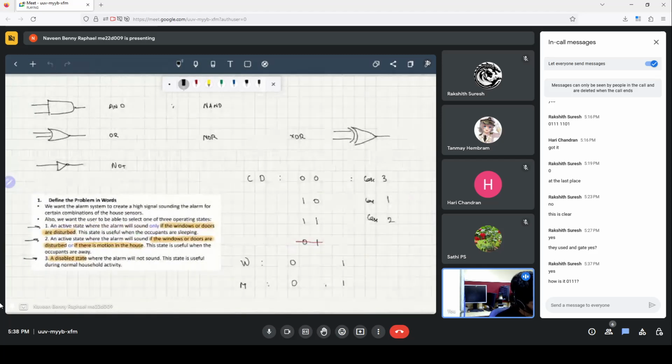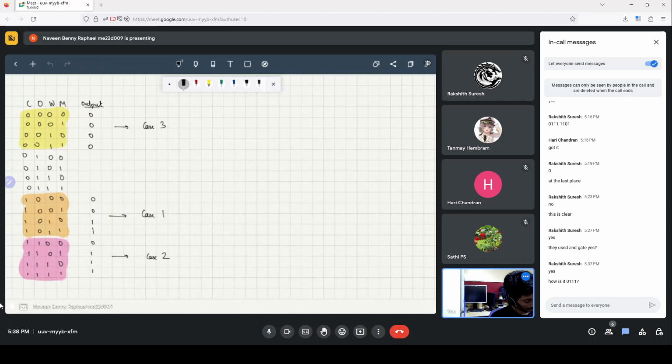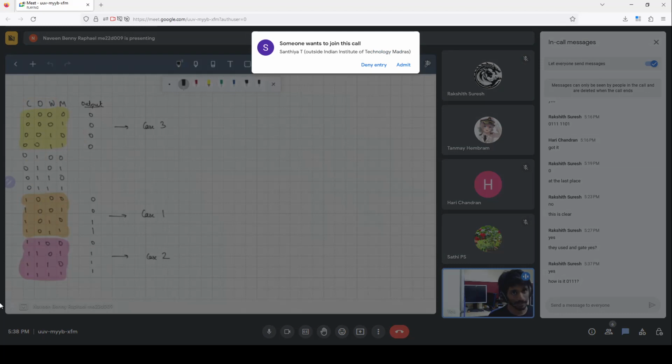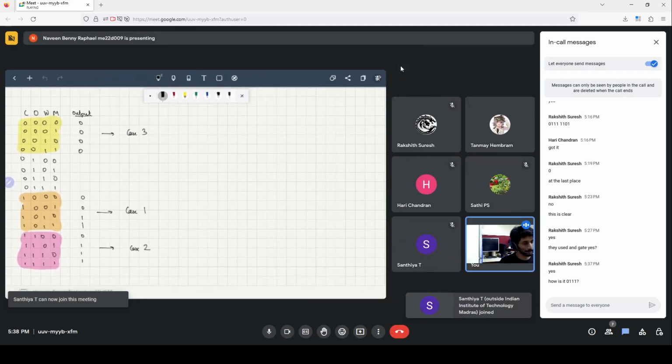They are saying if the windows are disturbed or there's motion in the house. So in the first case, there's neither any motion in the house nor are the windows disturbed, so it's 0. In the second case, the windows are not disturbed, but there is motion in the house, and because there's motion, there will be an output.